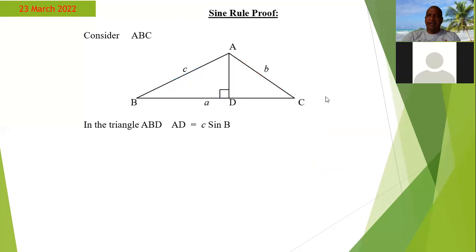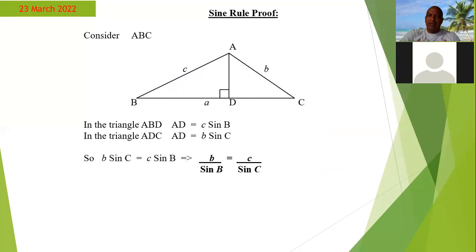So what we have here then, we have AD having the same value. So what we can do then, we could now equate, and let me write that too for you. Since AD is equal to C sine B and AD equal to B sine C, that means C sine B is equal to B sine C, because both of them equal AD.